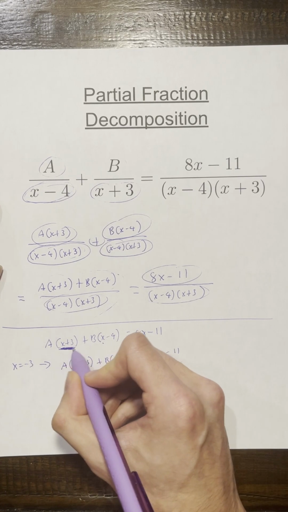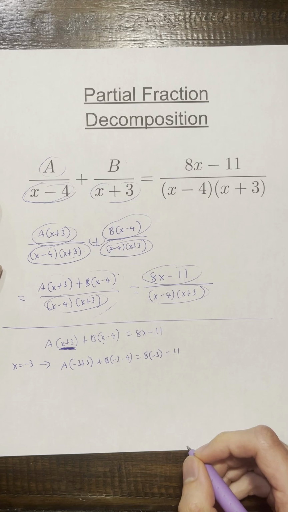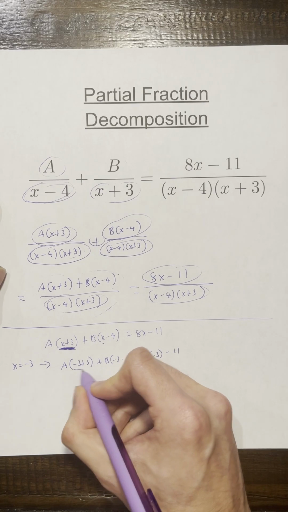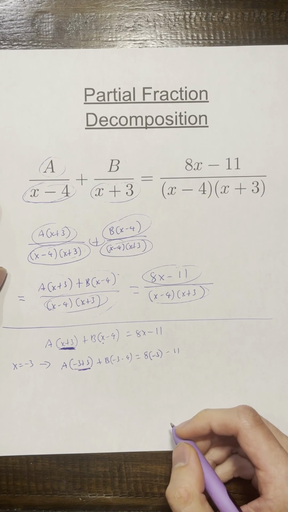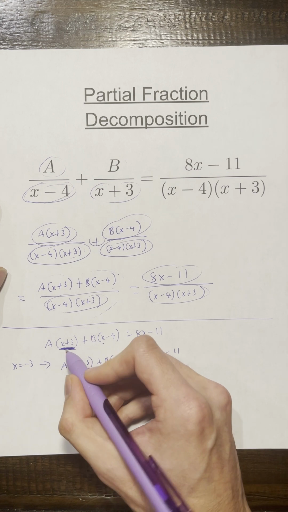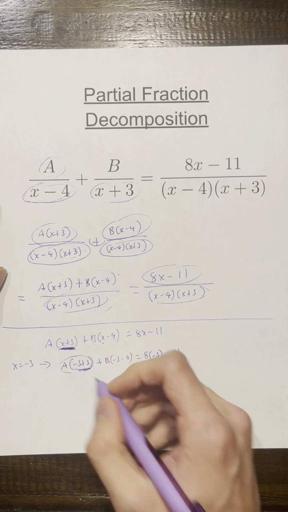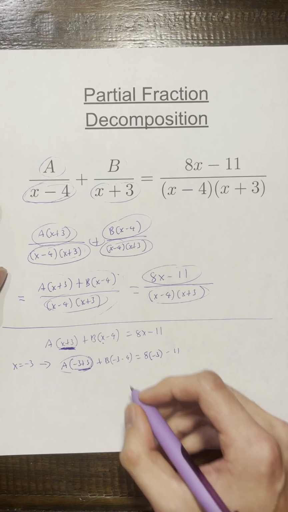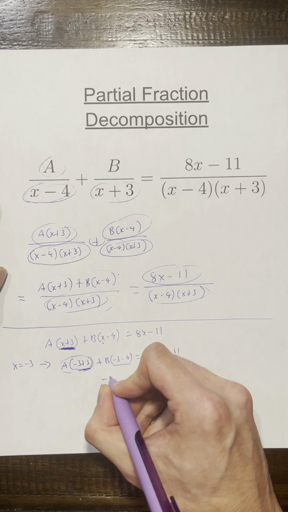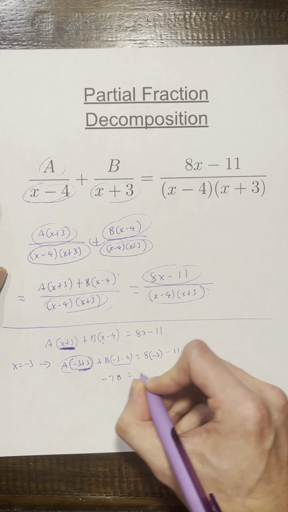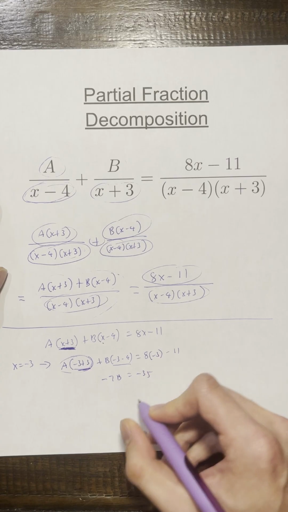Okay, so why are we making this 0 again? Well, the reason is because if we turn this into 0, then this is going to turn into 0. So we're left with a much simpler equation.